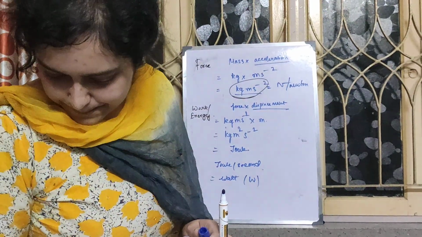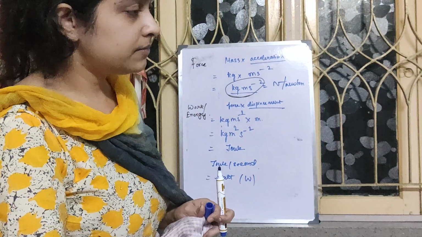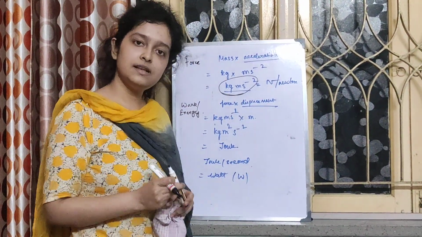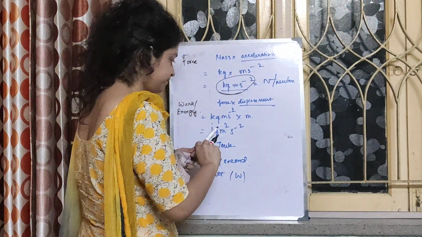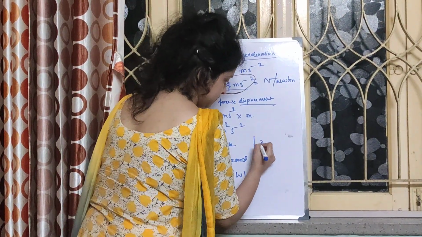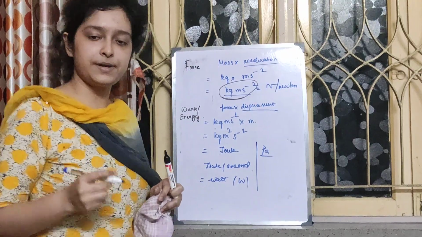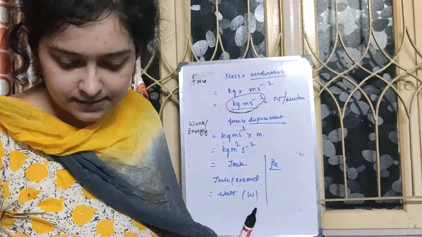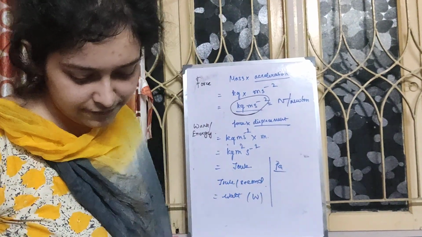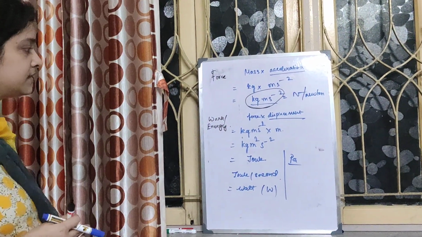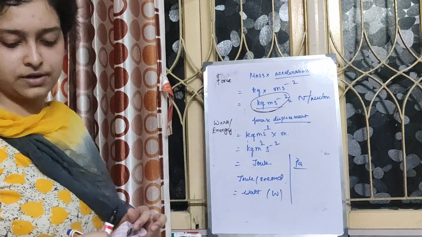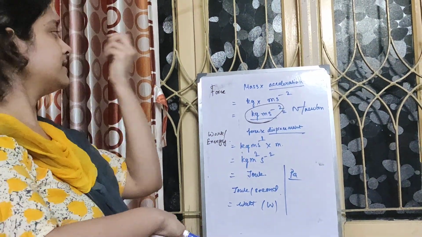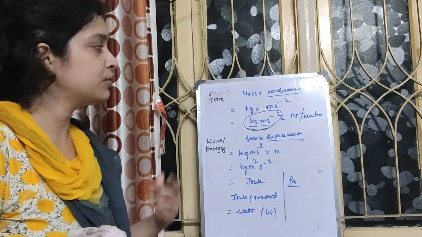And what do we call the unit of pressure? It's Pascal. This is for pressure. So just go through these different derived units of the physical quantities once, because there are some more also given. Once you are acquainted with all the physical quantities, it will be easier for you to remember.